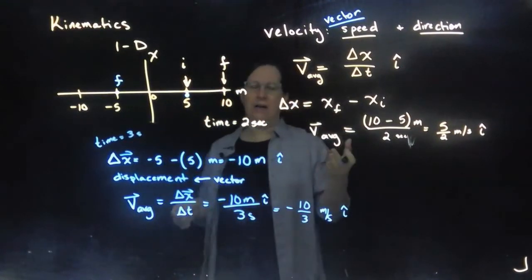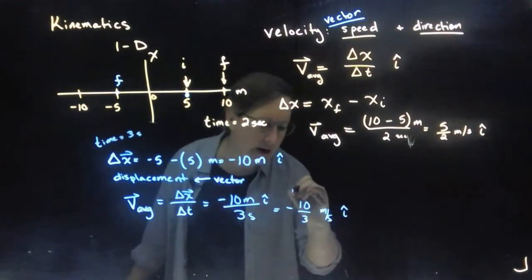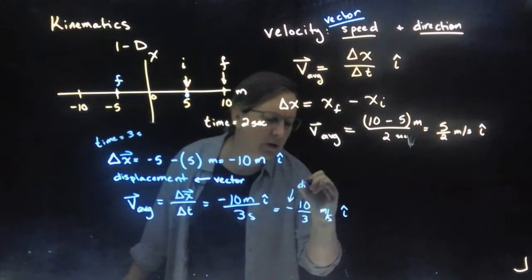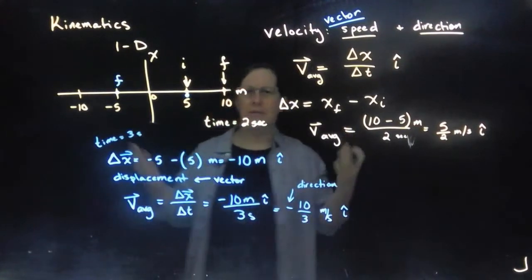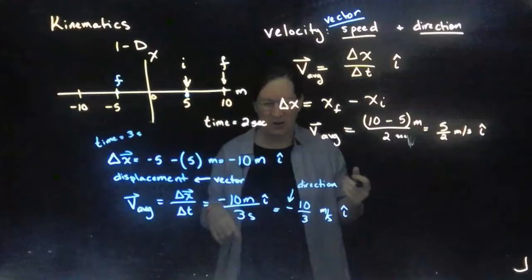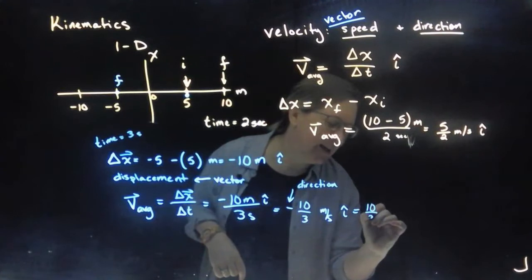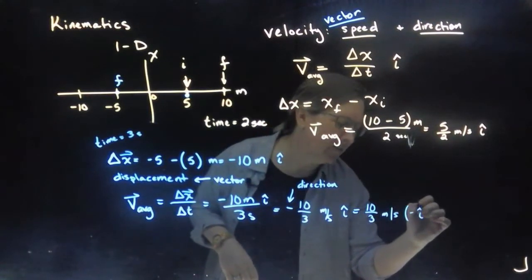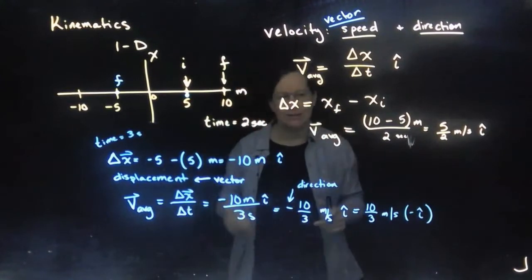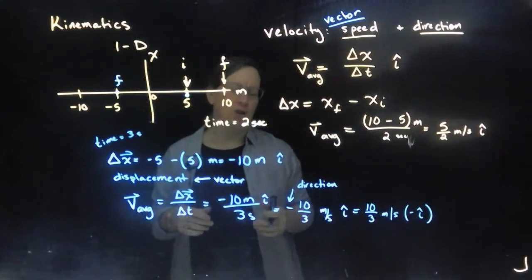Notice a negative doesn't mean anything other than the direction. So this negative really is associated with the direction. It doesn't mean that something bad is happening. Okay, so if you prefer, you can do 10/3 meters per second in the negative i hat direction. That separates that out. Okay, so that's our average velocity.